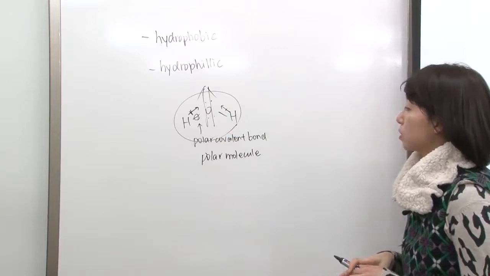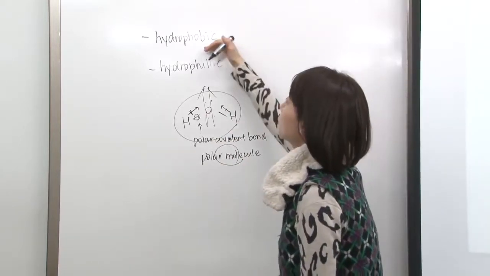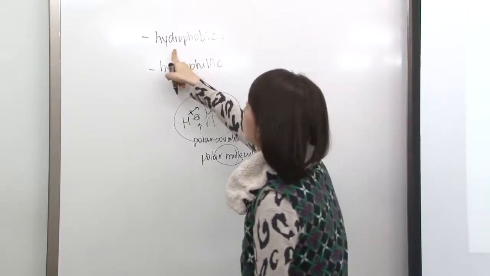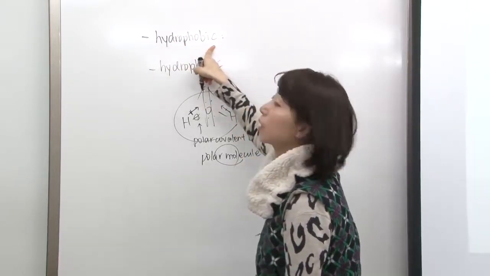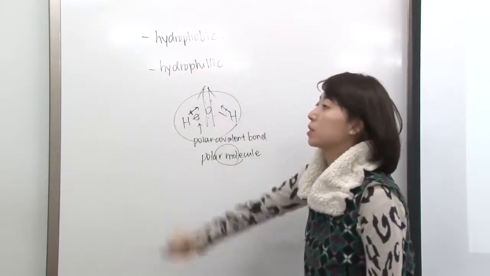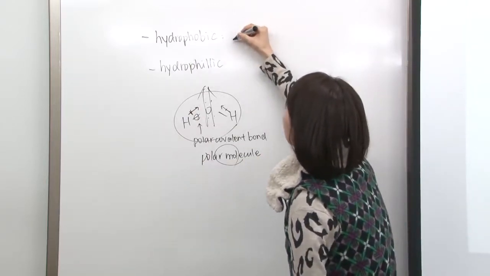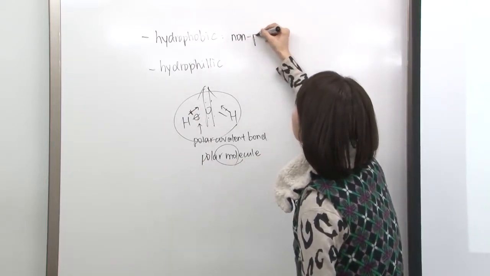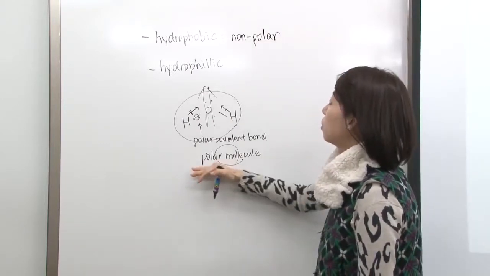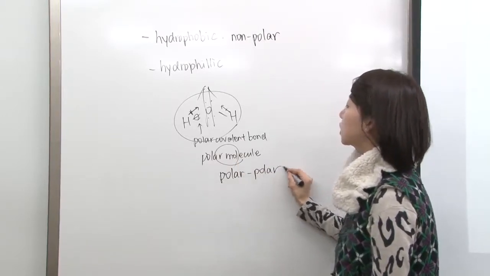If it is hydrophobic, that means it doesn't really like water. Hydro, water, phobic, not liking. So if it doesn't really interact with water, it's basically non-polar, because polar likes polar, and non-polar likes non-polar.